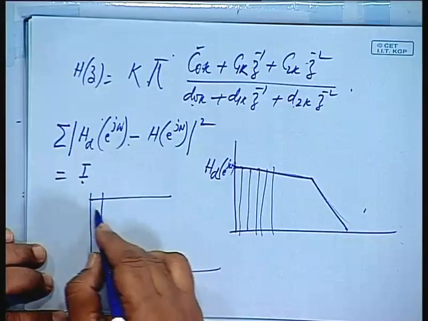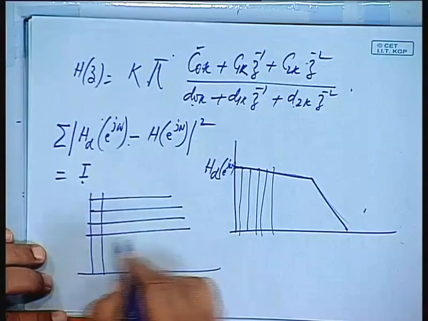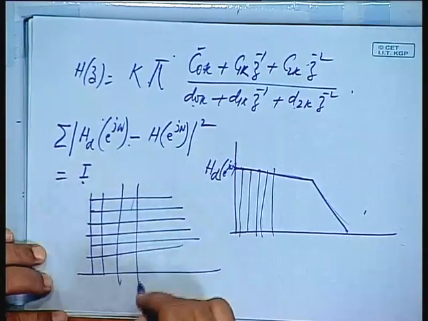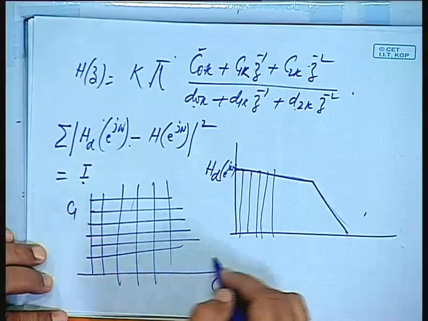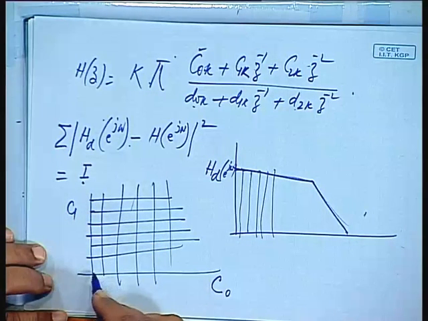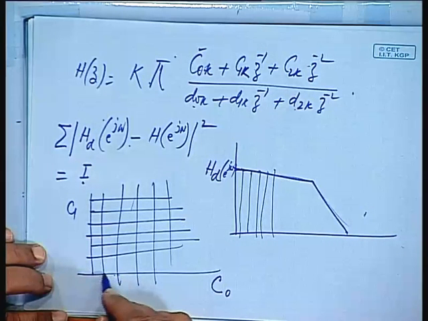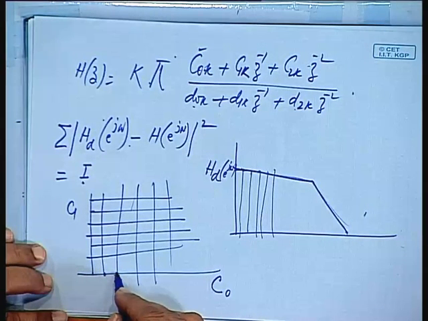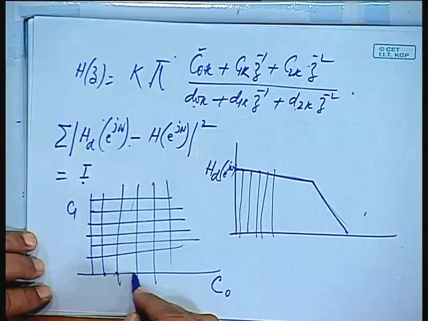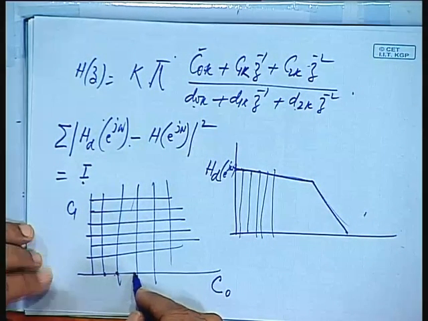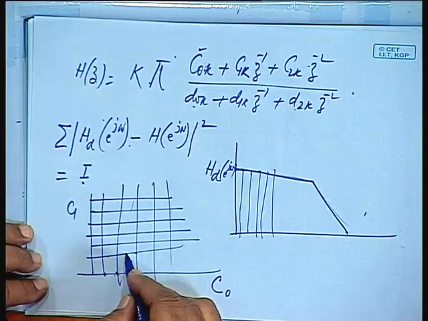In 2 dimensions it looks like this. Suppose there are 2 parameters C0 and C1. So, what I am doing is, first you keep on taking some values, then increase it. Is the value of I changing? Is it reducing? Then go further. Is it increasing, then come back, take midway.